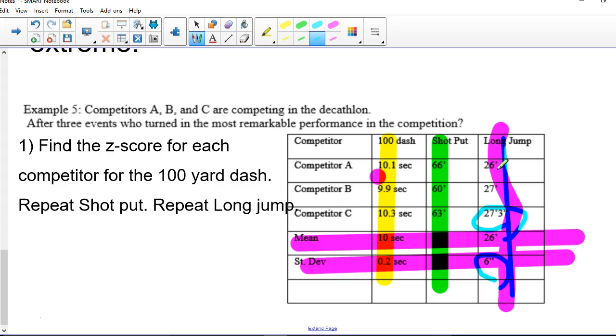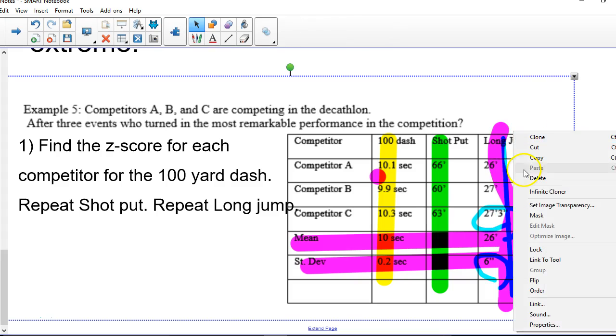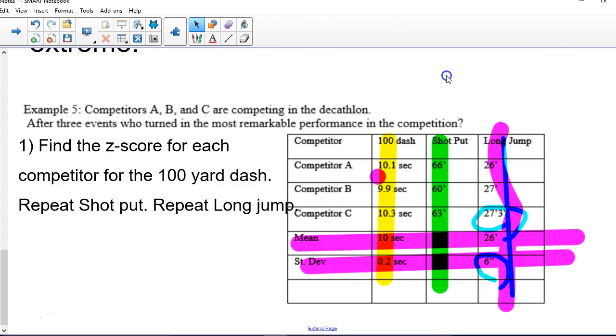You know, there's 12 inches in a foot, so I'd multiply this by 12. Why am I doing that? I need all the same units at least when I'm finding a z-score. Pause and do that now for me. You're changing all of these observations to inches. Okay, now off to your next step.